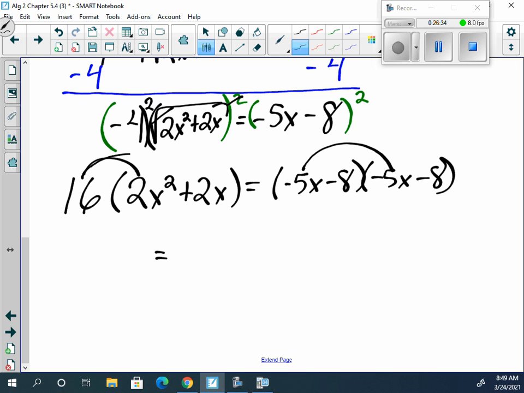Well, if we're distributing, we might as well do it all at once because you only have a limited amount of space on your paper. So if we distribute the 16, 16 times 2 is going to be 32, and we have x squared. 16 times 2x is going to be plus 32x. So that distributive property is not bad.